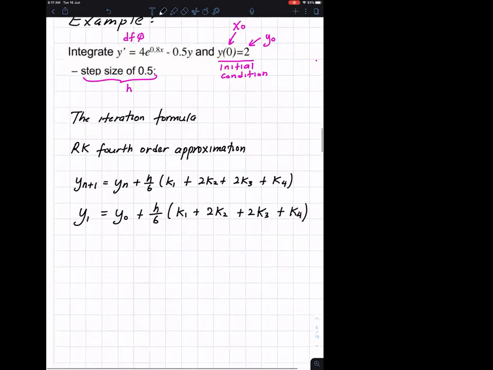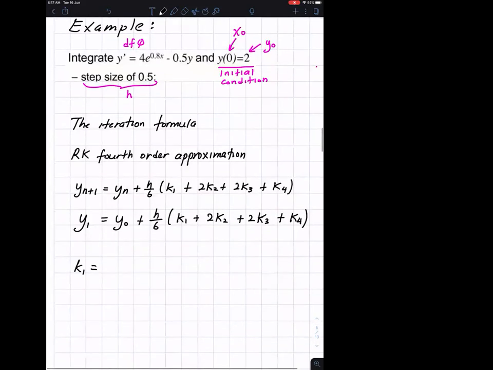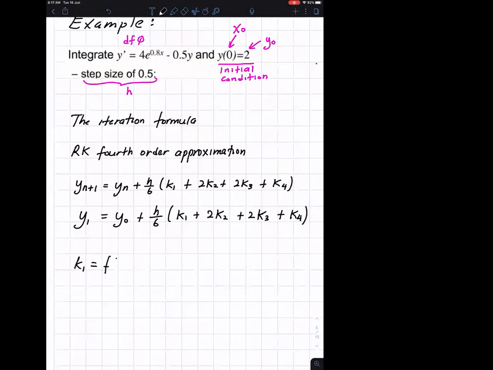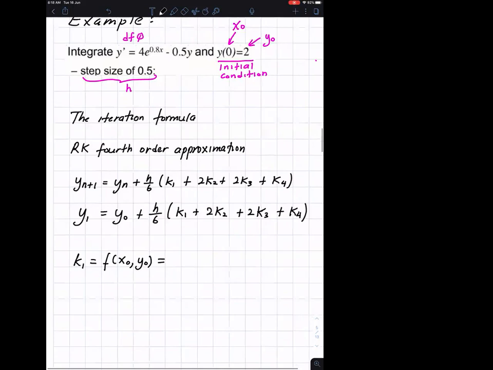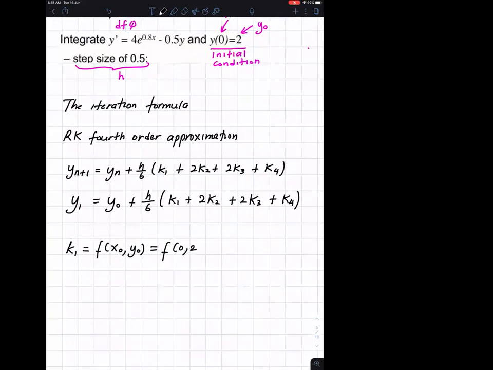K1 is your differential equation. We call this f, your differential equation with the initial point plugged in. The initial points are 0 for x and 2 for y.